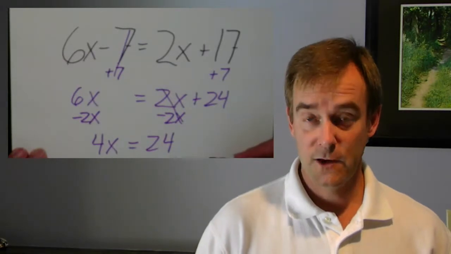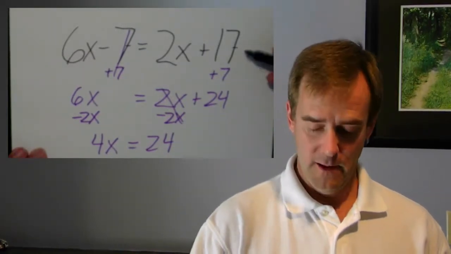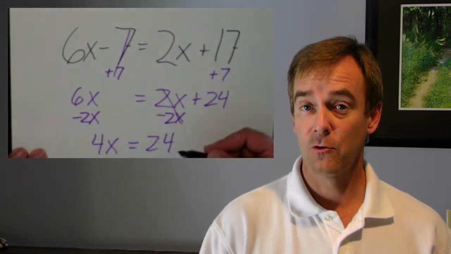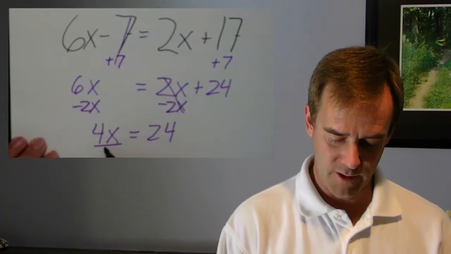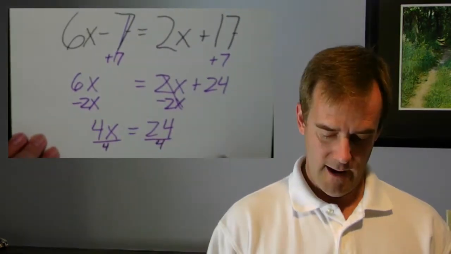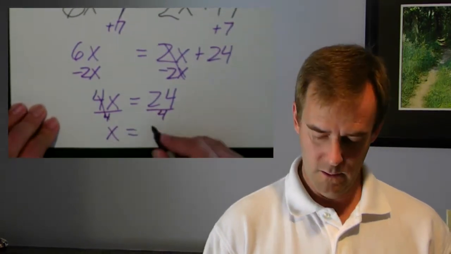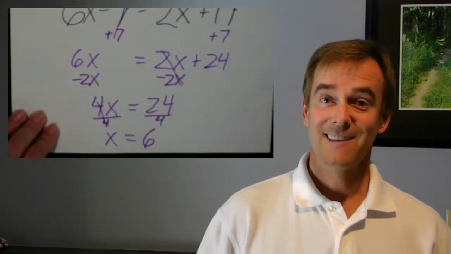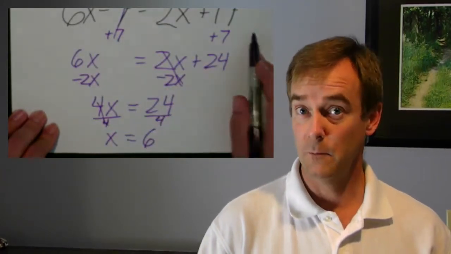Another perfectly good relationship. It has the same solution set as the one we started with, and I'm one step away from solving the mystery of what x can contain to keep it true. We'll divide both sides by 4 and find that x is 24 divided by 4, 6. 6 is the only number that left this original relationship true.